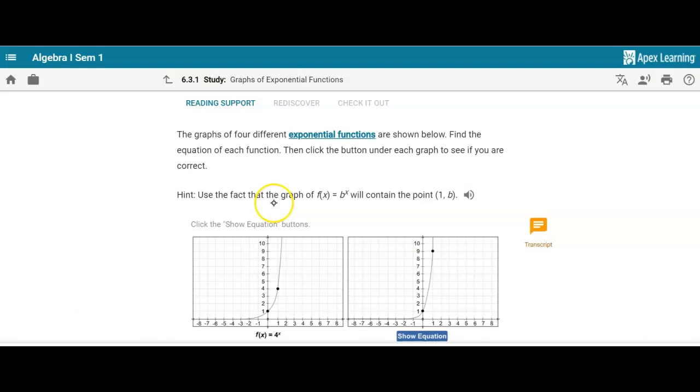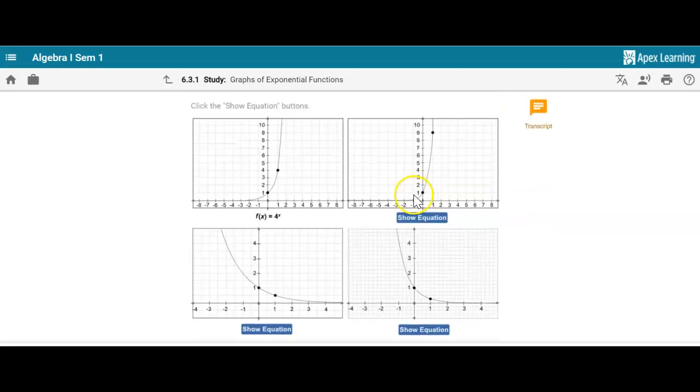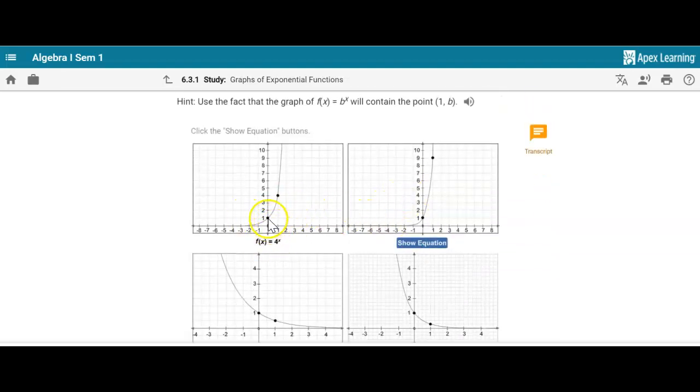So right away here, if we're trying to write the equations of these functions, we look at two things: the y-intercept and the value of the ordered pair 1 comma whatever b is. So when I look at this equation here, notice how the y-intercept's at 0, 1, and I have a point at 1, 4. Okay. Notice when I have the ordered pair 1, 4, right?